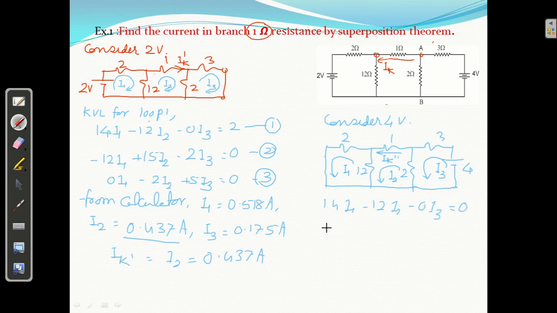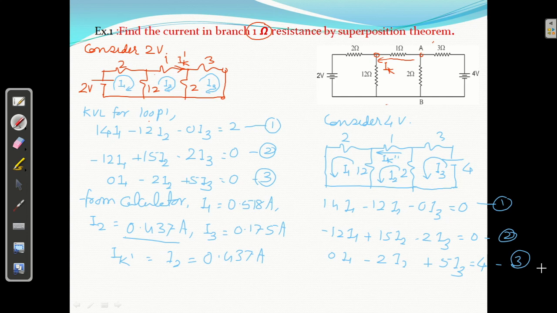Loop 2 minus 12 I1 plus 15 I2 minus 2 I3 equal to 0. Loop 3 0 I1 minus 2 I2 plus 5 I3 equal to 4. So I have written equation number 1, 2, 3.